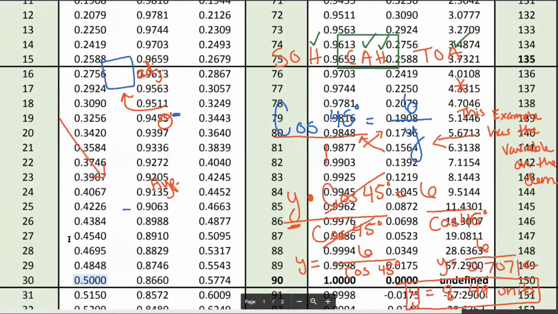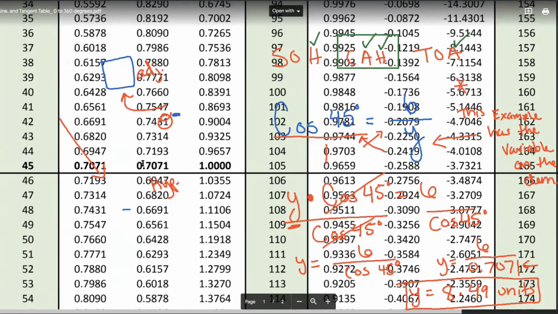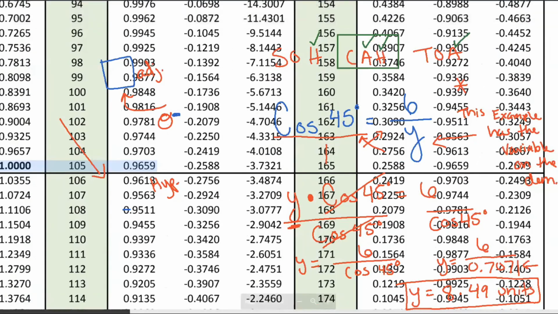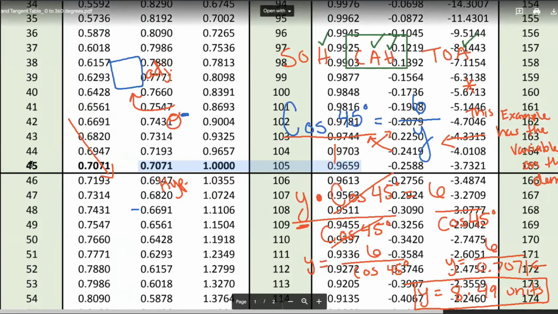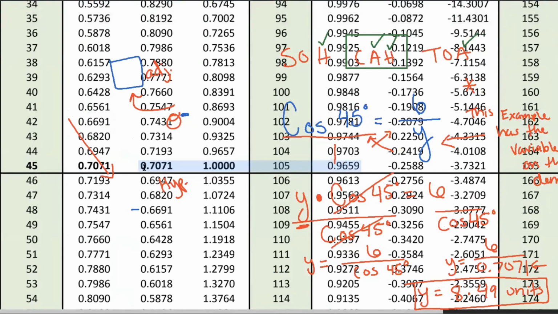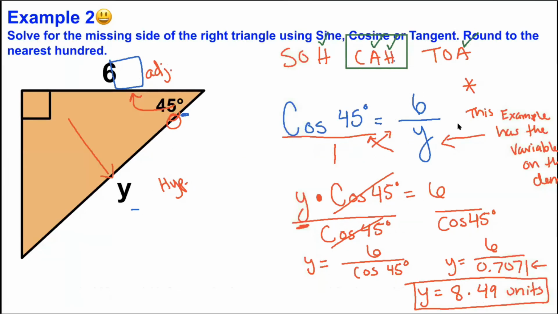I'll go back to the other one. 45, and here you see it. There you go, 45, 0.7071. There you go. So either using the table or using the calculator would give you the same response in this case.